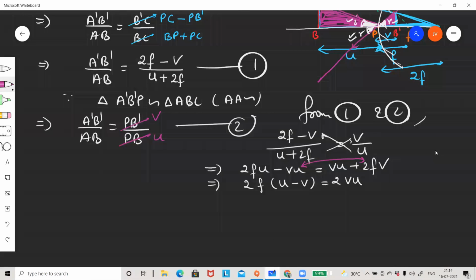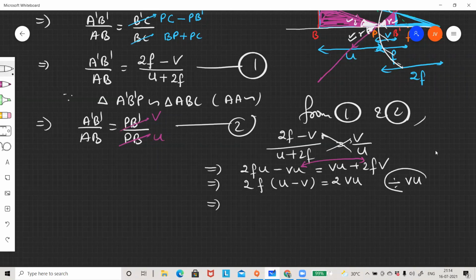Just one step ahead of this, we have the common operation: divide throughout by UV. So we'll have twice FU by VU minus twice FV by VU. On the other side, we have only 2. And then whatever cancels, let them cancel.